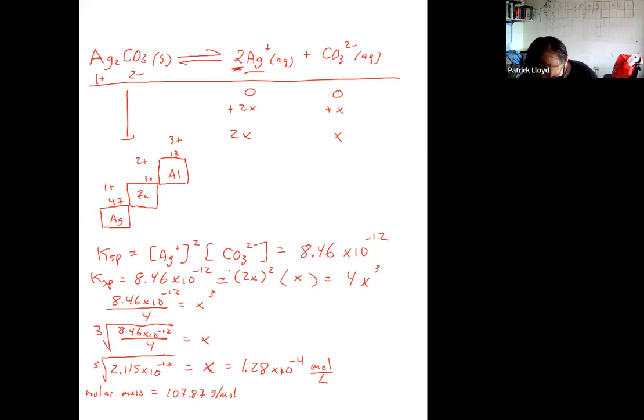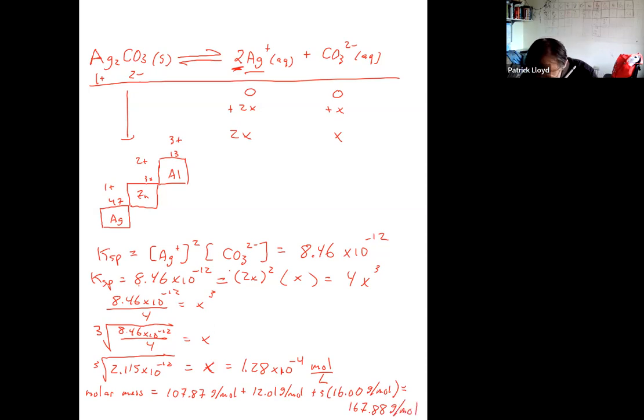And then you've got a carbonate, so that's carbon, and then you've got 3 oxygens. Let's add them all up together: 107.87 plus 12.01 plus 3 times 16, which is 48. So you get 167.88 grams per mole. There's your molar mass.